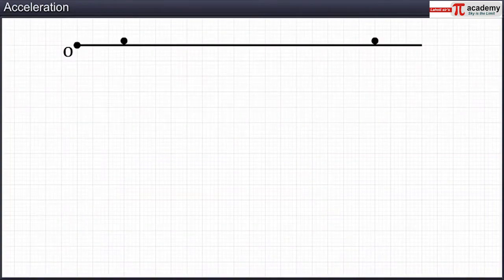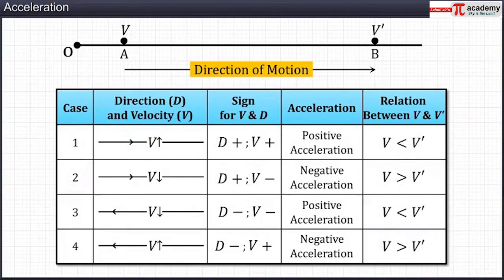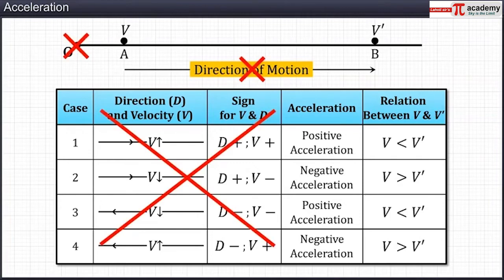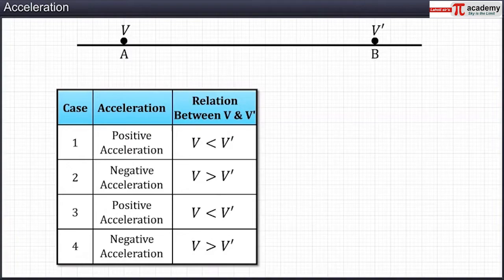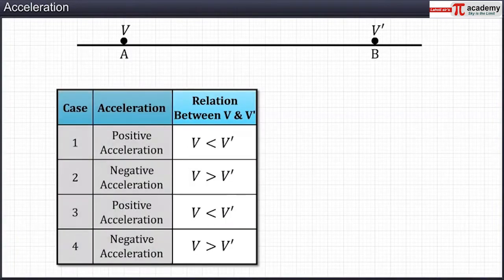In the 4 cases we have just studied, with respect to points A and B between which the body traverses, let us fix the velocities of the body at these points as v at A and v' at B. The 4 cases are tabulated. If the origin and direction of motion are discarded, we are left with the type of acceleration and the relation between the velocities at 2 points.